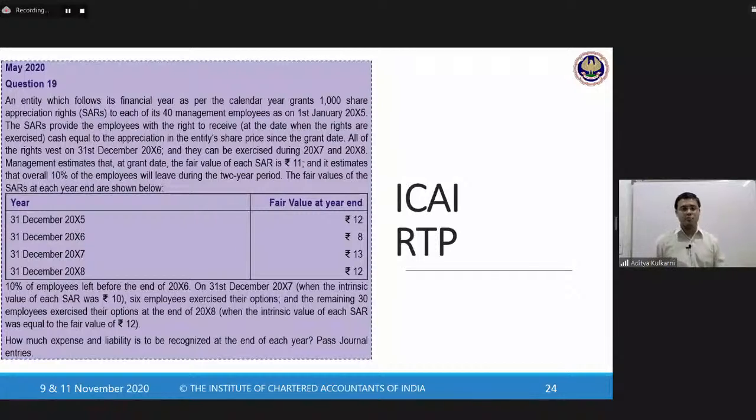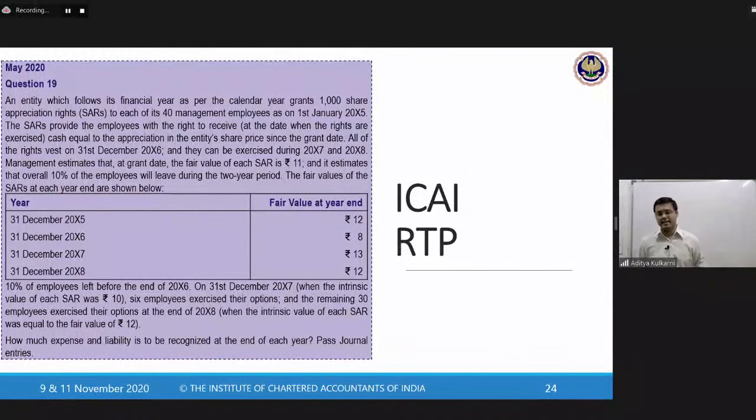Now, on 31st December X7, the intrinsic value of each SAR was rupees 10. You will find it confusing: sir, 13 is there in the table and 10 is there in 31st December X7. What is this difference? You can take it that at the time of settlement it was 10, but at the time of the liabilities that are there with the company on the reporting date, it was 13.